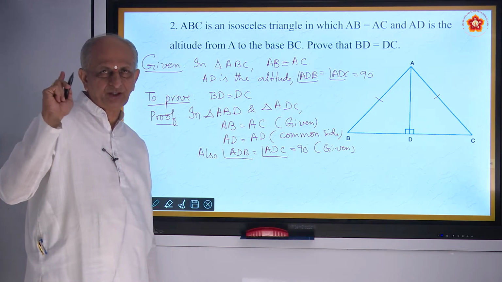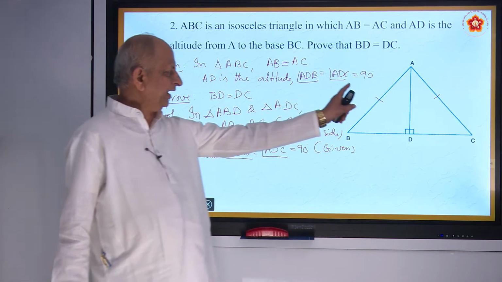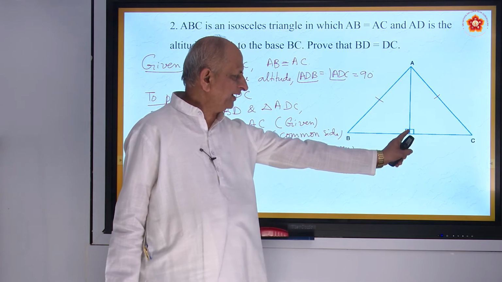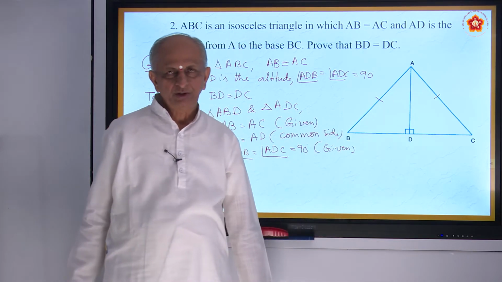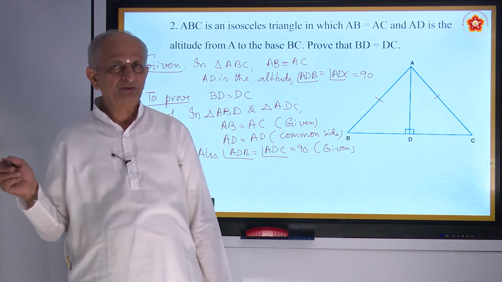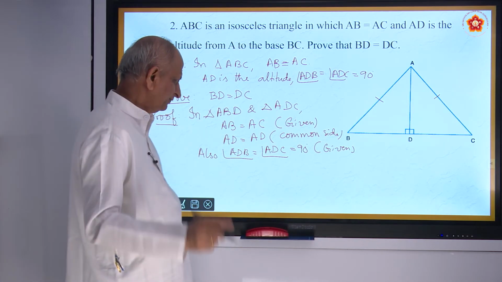By the RHS postulate, if the hypotenuse and one side of one triangle are equal to the hypotenuse and corresponding side of another, then the two triangles are congruent.